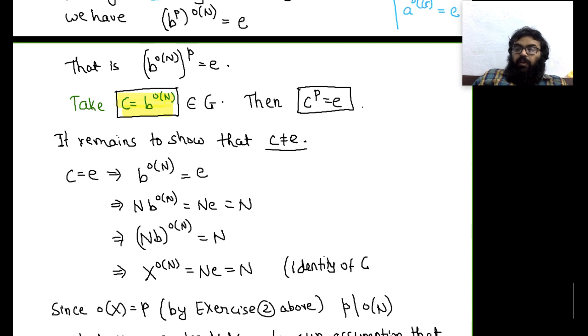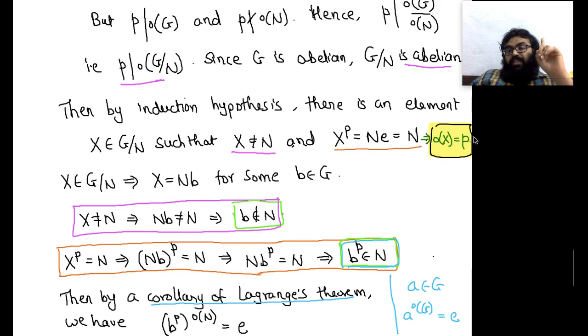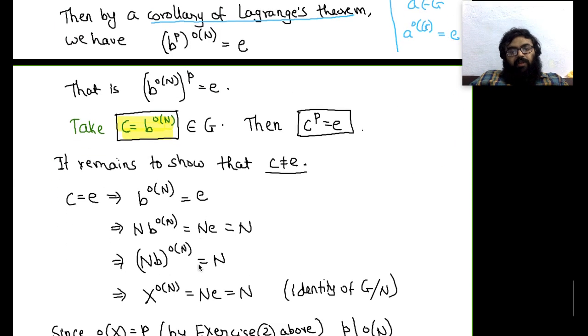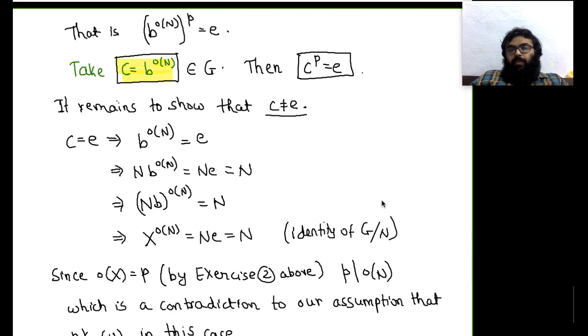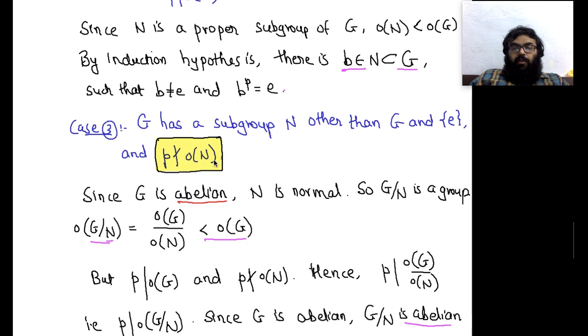So x raised to something is identity, and order of x is p. By exercise 2, the order must divide this power. So p must divide order of n, and this is where we draw a contradiction, because we have assumed in this case p does not divide order of n.